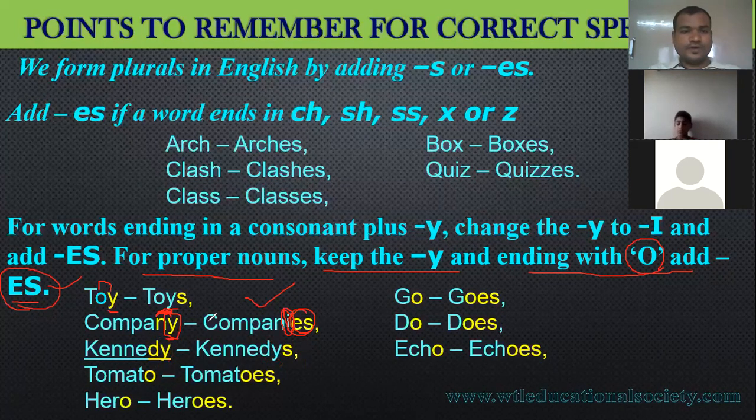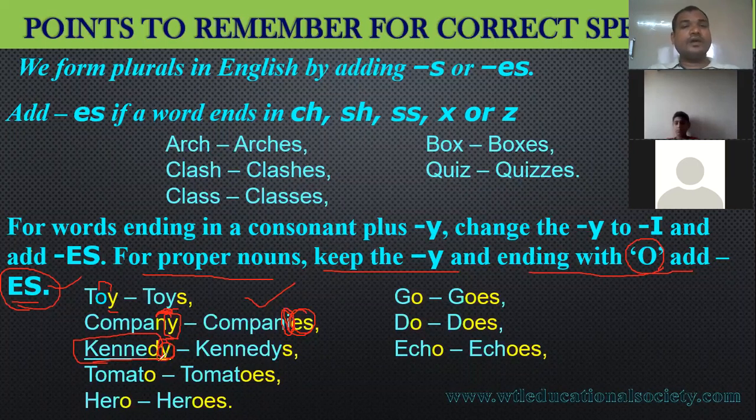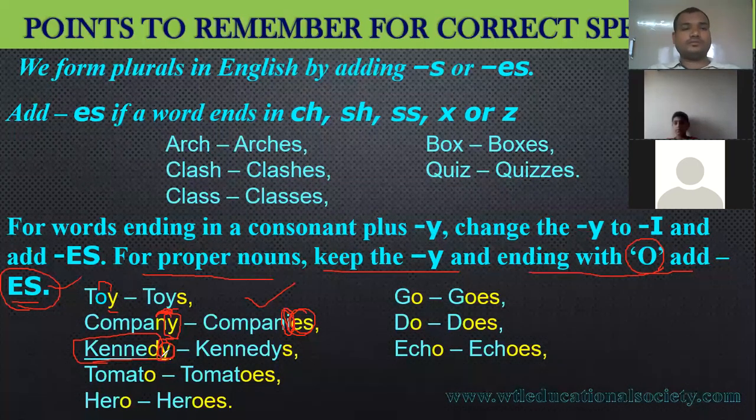Kennedy is a proper noun, the word ending is Y, and it does not end with the letter O. That's why we just add S. If it is O, then we have to add ES.